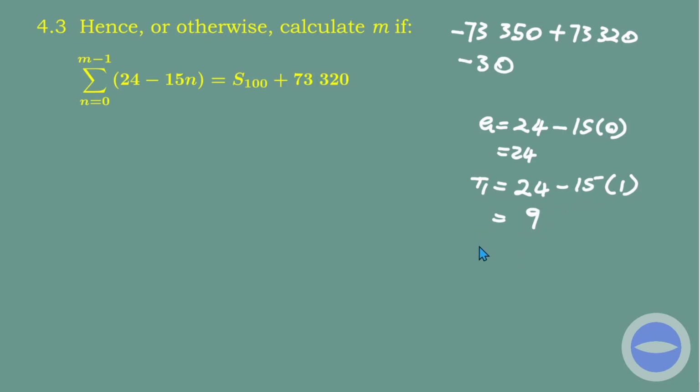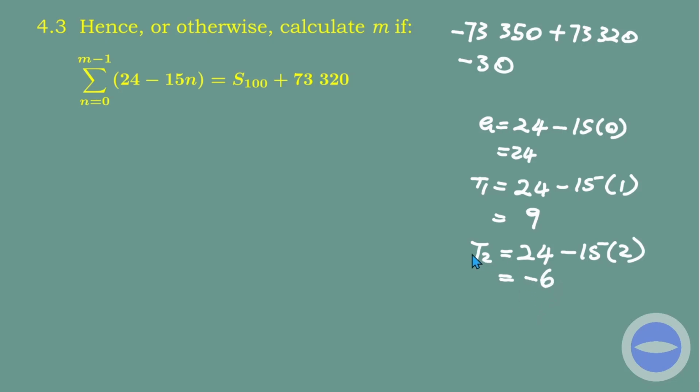So t1 is 9, and then I will go to t2. Then t2 is 24 minus 15 times 2. 15 times 2 is 30. Negative 30 plus 24 is negative 6. So t2 is negative 6.